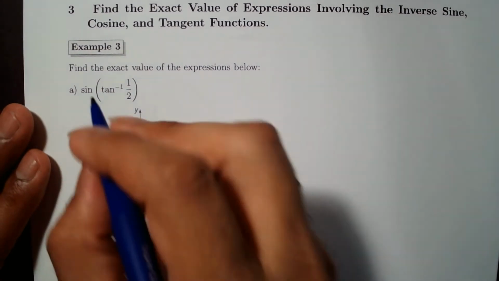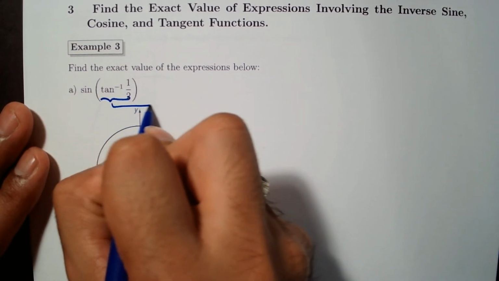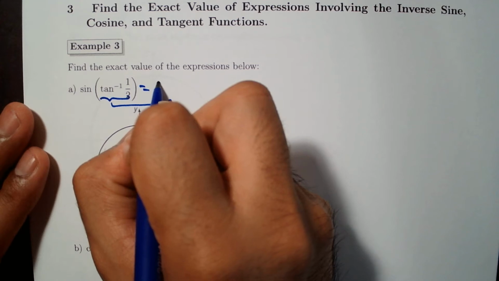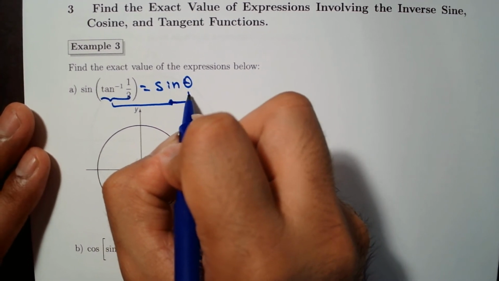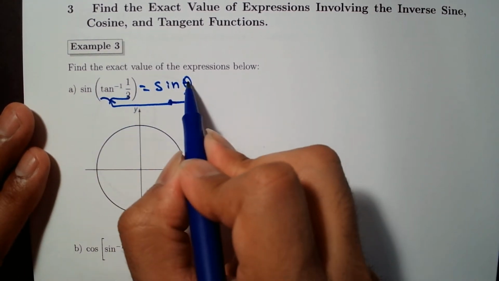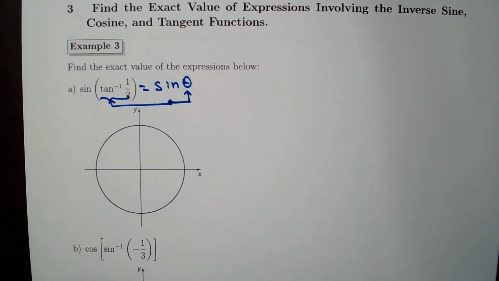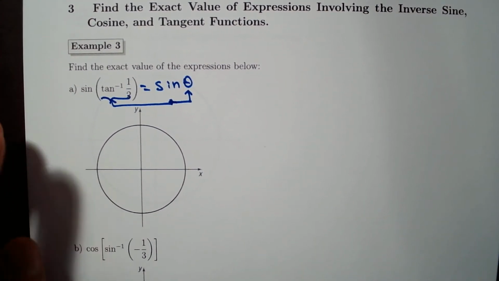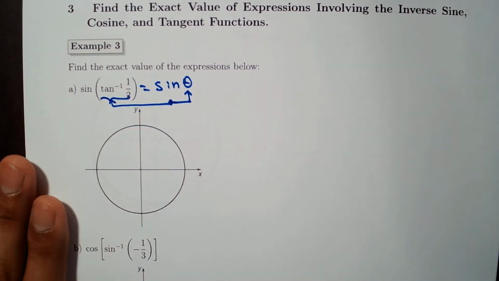Well, a good way to go about these ones is to replace this inverse tangent as simply theta. In other words, inverse tangent of 1/3 is the same as theta. And then from here, what we're going to do is to construct a circle of radius r to finally evaluate the sine function.